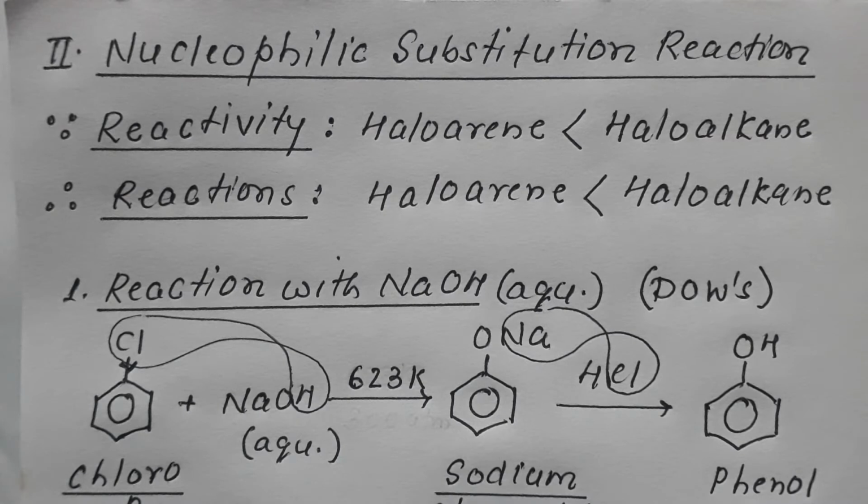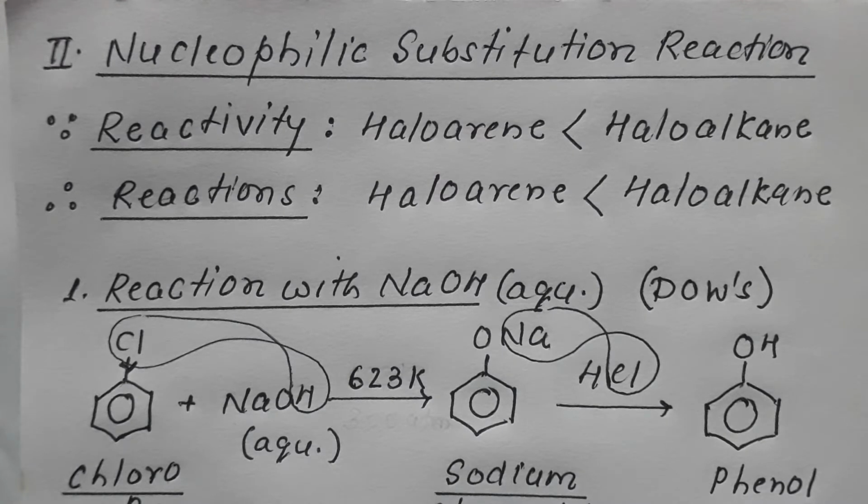It forms sodium phenoxide and HCl, and now this sodium phenoxide reacts with HCl. Na from here, Cl from here go in the form of NaCl and it converts into phenol. This means chlorobenzene converts into phenol in two steps.